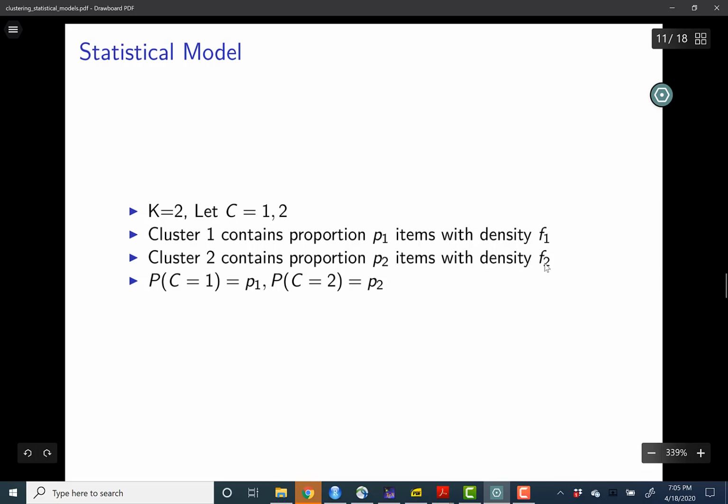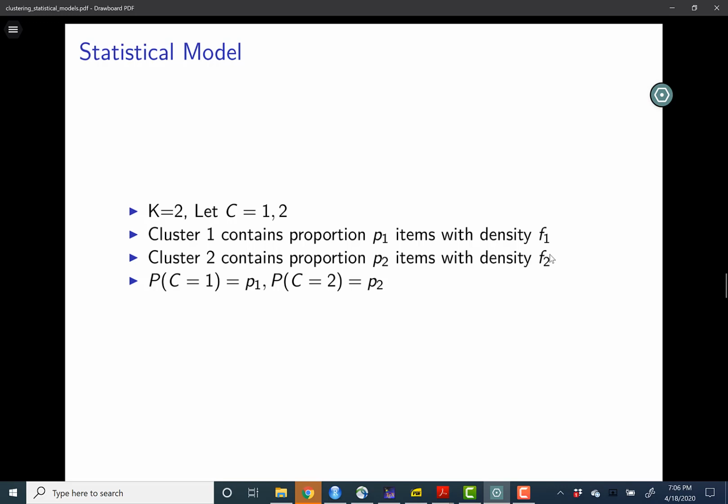Coming back to our previous example of normal distribution, cluster 1 contains 50% of items, so P1 is 0.5, with density of normal with mean -5 and variance 1. Cluster 2 again contains 0.5 proportion of items from normal distribution with mean 10 and variance 1.